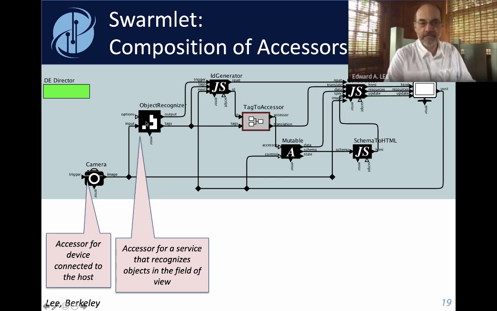In this particular prototype, it's just recognizing these QR tags that are put in the field of view. It identifies the tag, and then there's a custom JavaScript bit of logic here to figure out what to do with the tag.